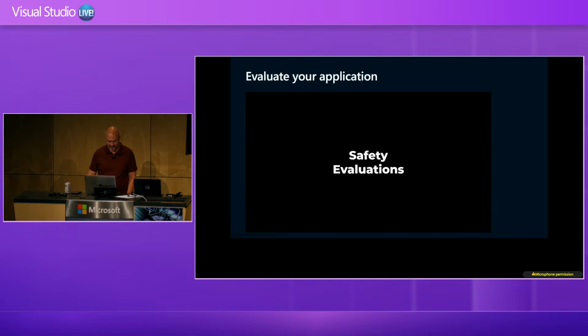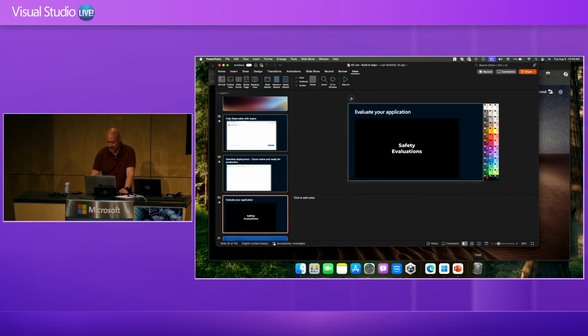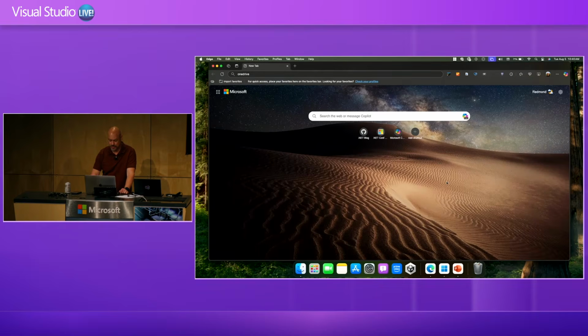So I'm going to skip over that. One other thing here is evaluations. I mentioned before that an important part of AI is being able to safely evaluate your content, making sure you're getting back what you wanted.